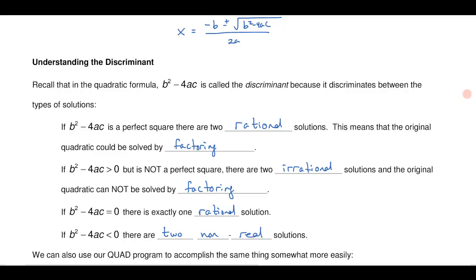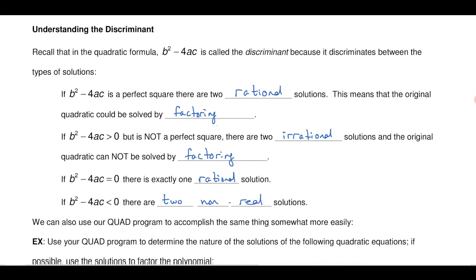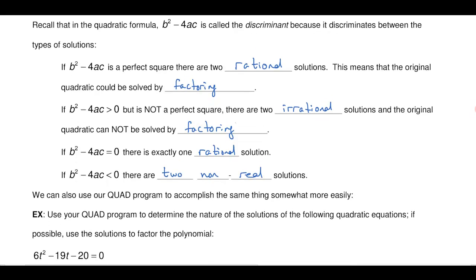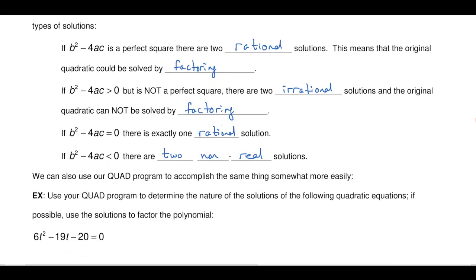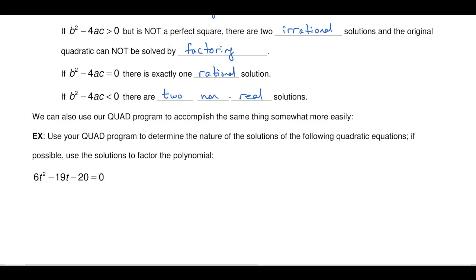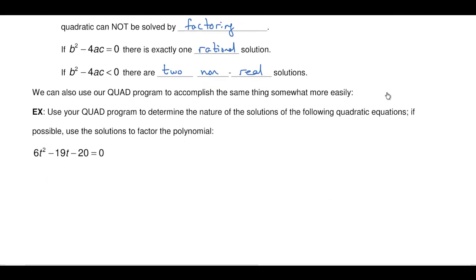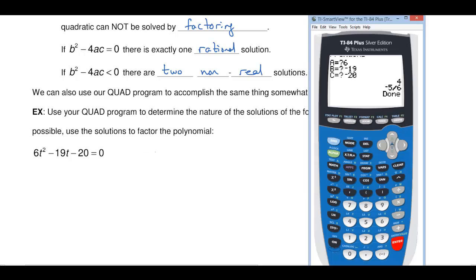Now we can use our quadratic program, if we have that programmed into our graphing calculator, to accomplish pretty much the same thing a little more easily. So suppose I was given this quadratic equation. I could very quickly put that into my graphing calculator here, run my quad program.